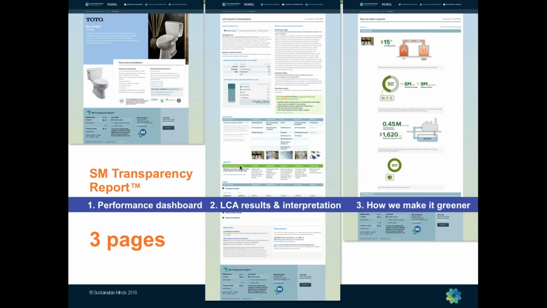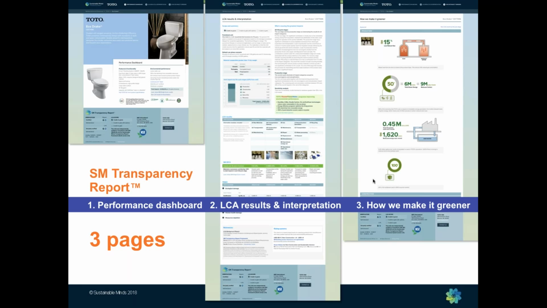We've simplified the display of that information, and importantly, we've included the interpretation extracted from the LCA report, but simplified to explain, well, what do the results mean? Where are the greatest impacts happening? And here we actually have started to tell the manufacturer's story of what they're doing to improve.